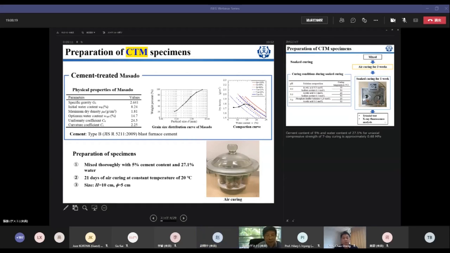And we find 5% is most suitable for a practical real construction site. And also we're using some air curing and water curing with different acid and temperature conditions.